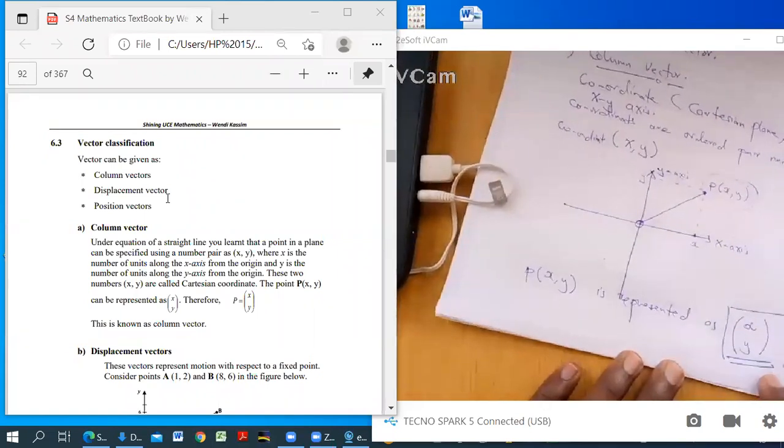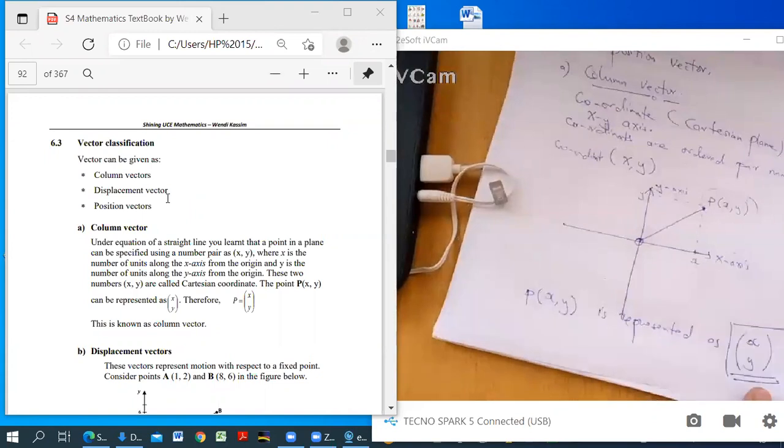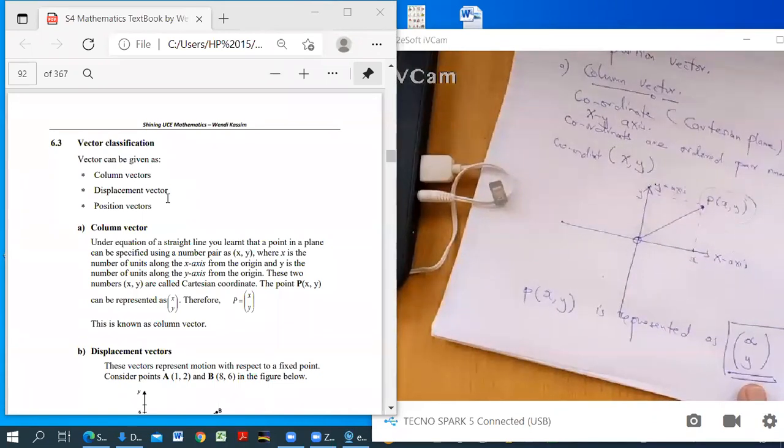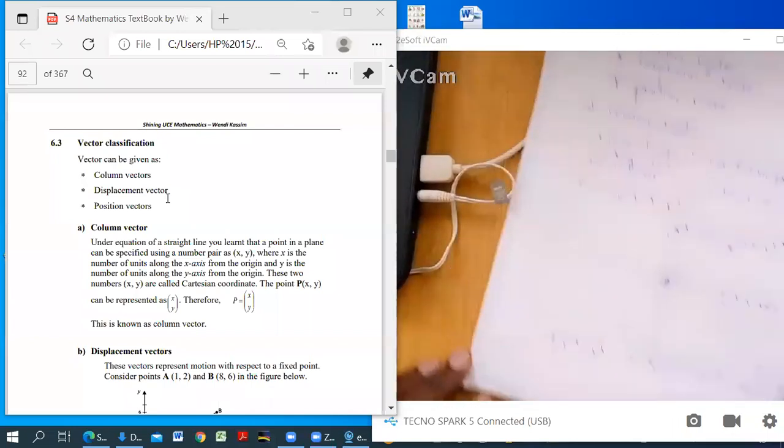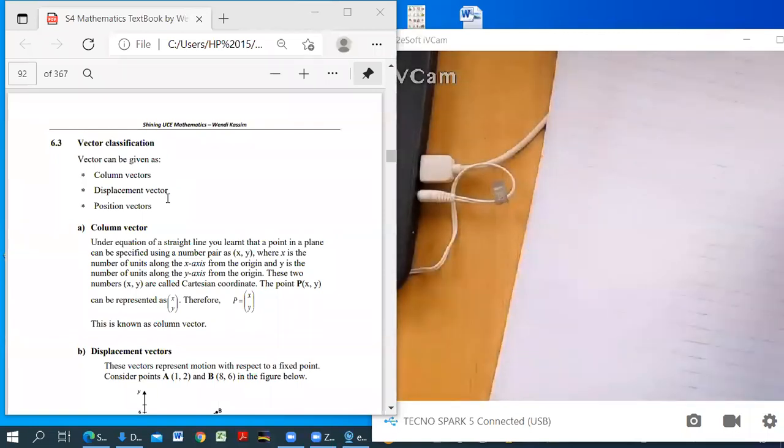This is what we call a column vector. Are you together, members? Yes. Good.